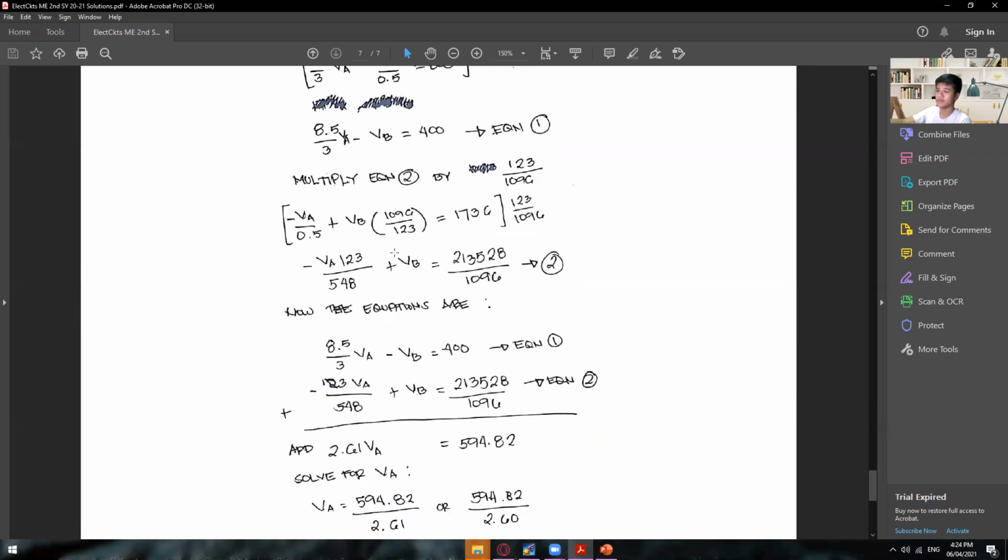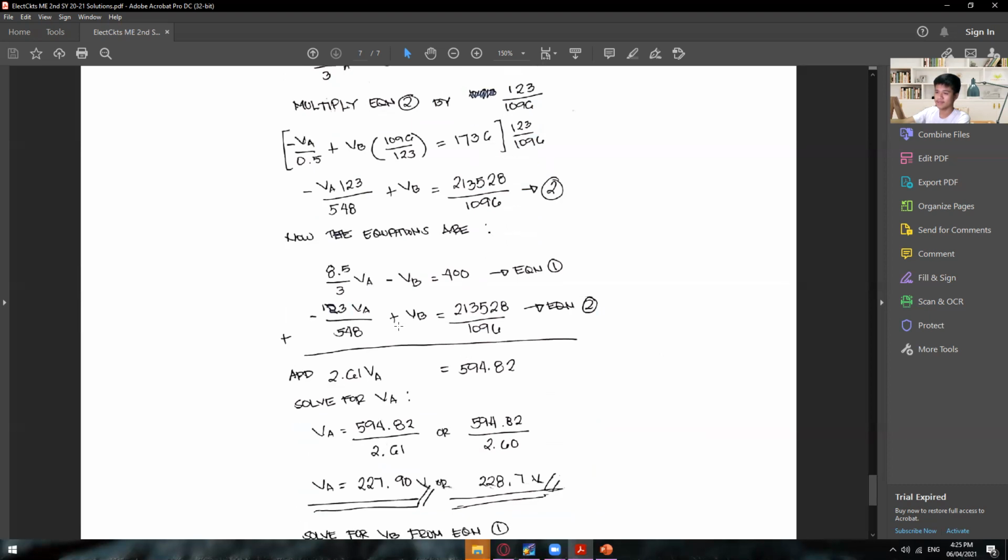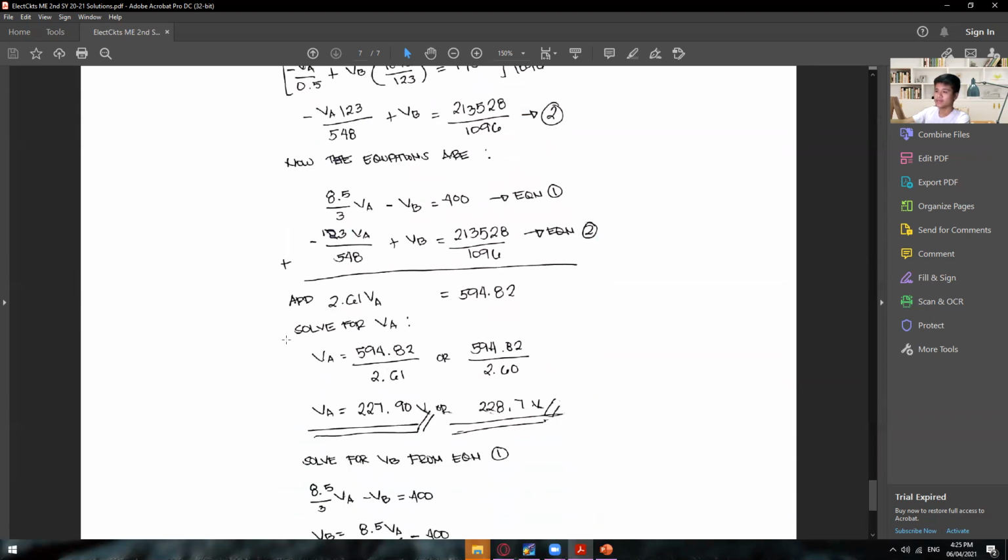So in that way, we'll come up with VB and VB only. So from here, we can already use simultaneous equation. Okay, so just add, and then you will get this one as a value for not yet. Okay, so you will get this expression.